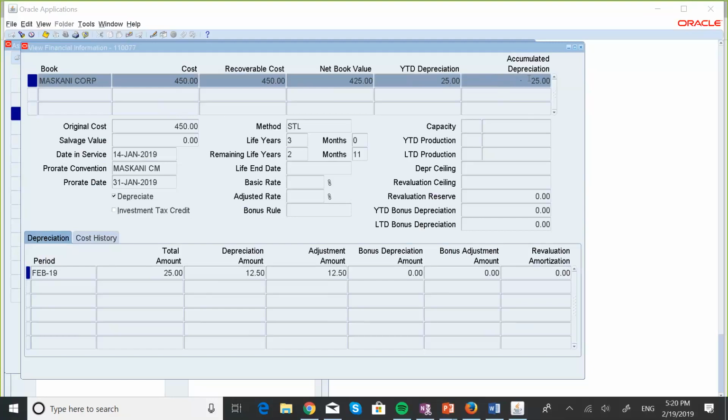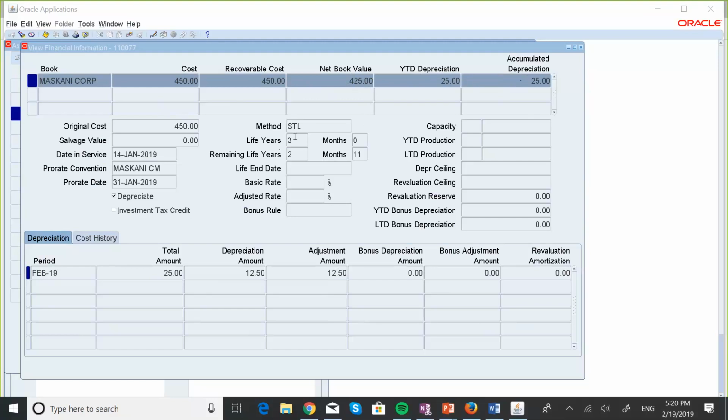Now, book value is equal to cost minus accumulated depreciation, which is 425. So this 425 is value that we're not going to be able to expense. We paid for this, but we are not going to be able to expense it because we are retiring it before the useful life is over.